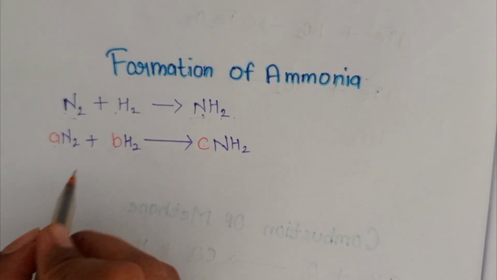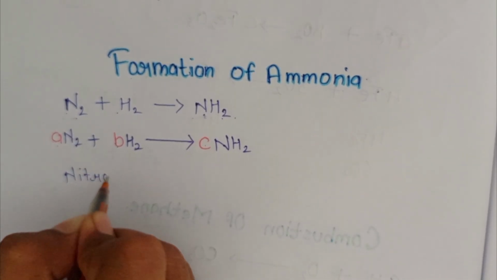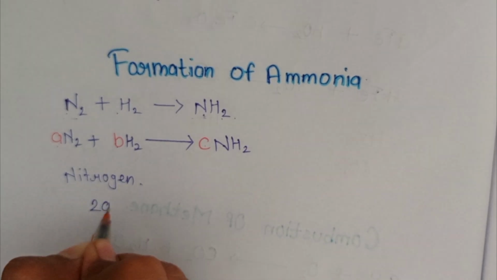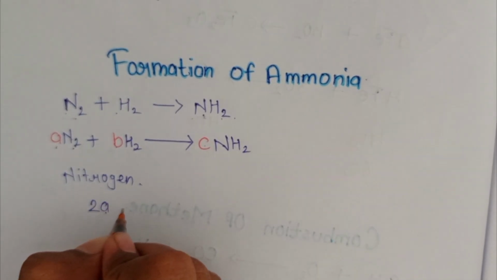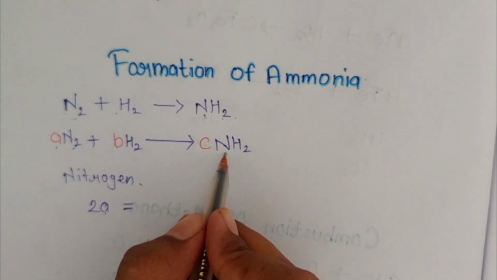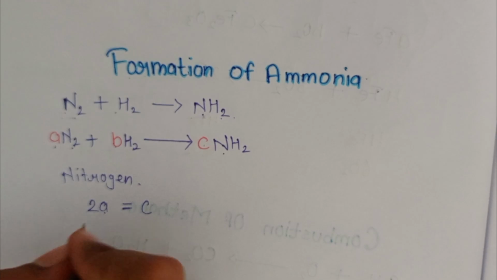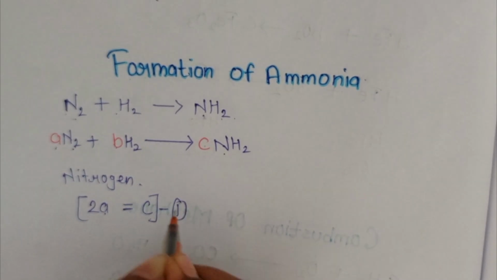As we know, for nitrogen, the equation is 2A, 2 nitrogen atoms, and A is the coefficient, on the left hand side. On the right hand side, nitrogen atom is 1 and the coefficient is C. So this is our first equation.